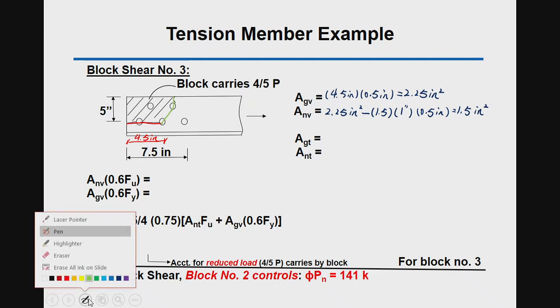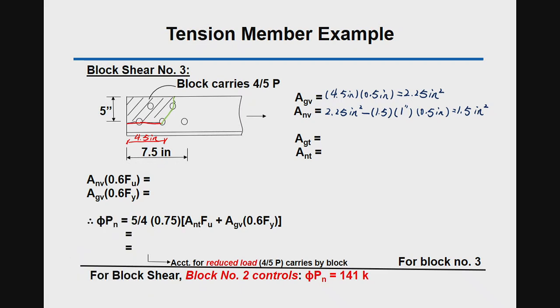Right? So the tension path still equals 5 inches times 0.5 inches, 2.5 square inches.